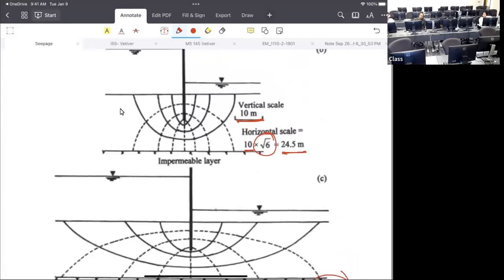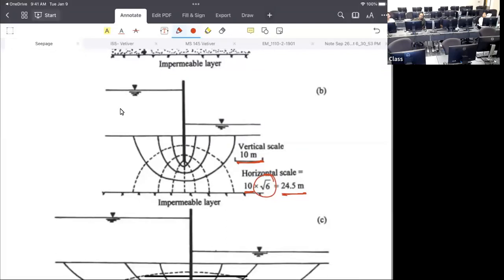What is that? Right here you have a sheet pile, so you don't need to care. But what if you have a dam on top of it? Then do we need to change the flow lines also? No, you don't need to. You just need to squeeze the dam.